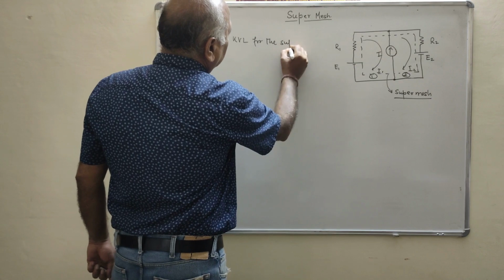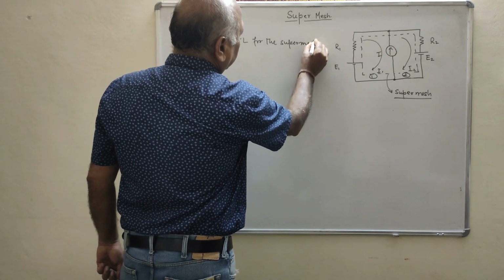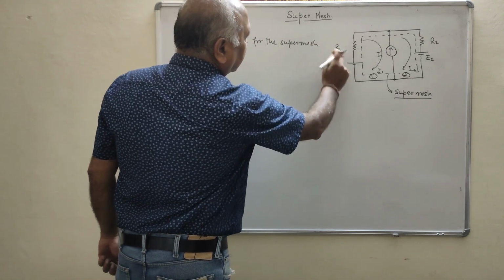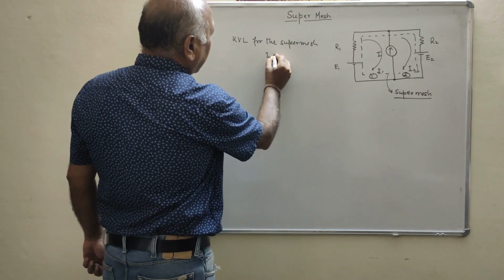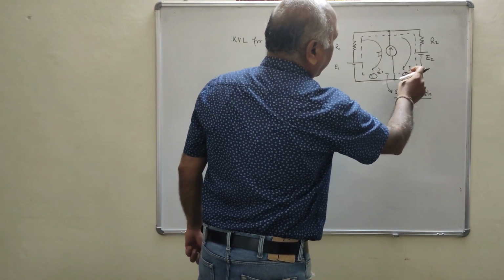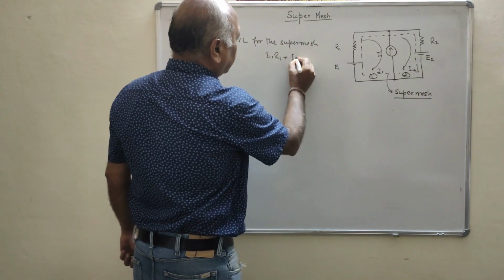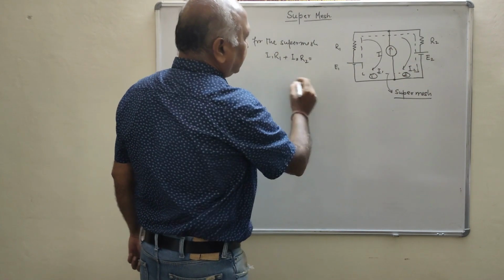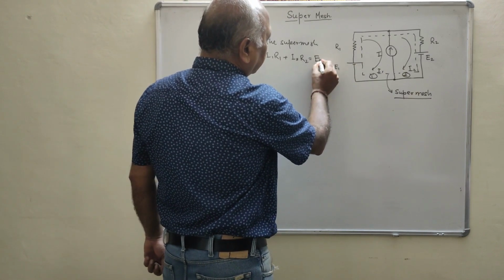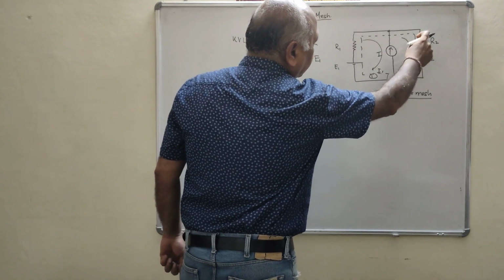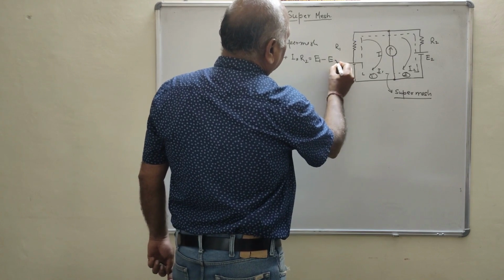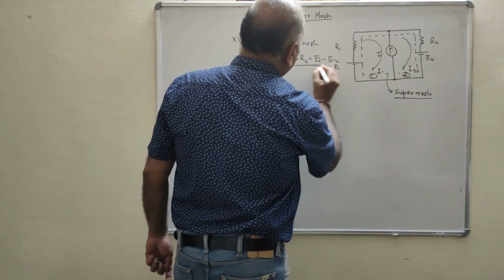That is I1 R1, where the current is I1, so the drop is I1 R1, plus the drop in R2, that is I2 into R2, equal to E1, going from negative to positive, so it will be positive. Here I2 is going from positive to negative, so it will be E1 minus E2. This is the first equation.